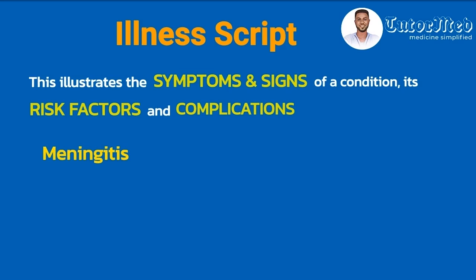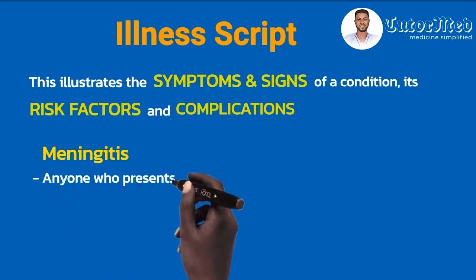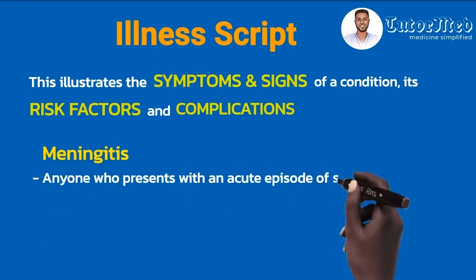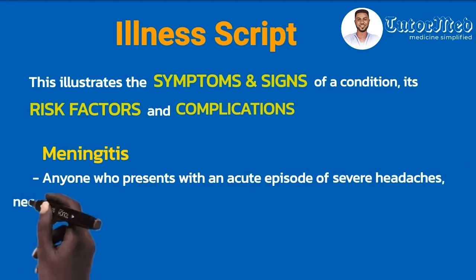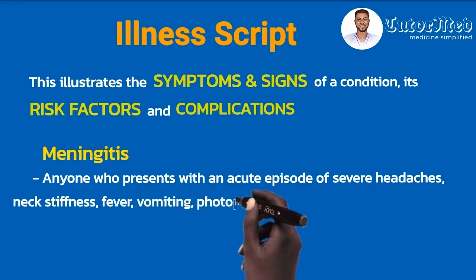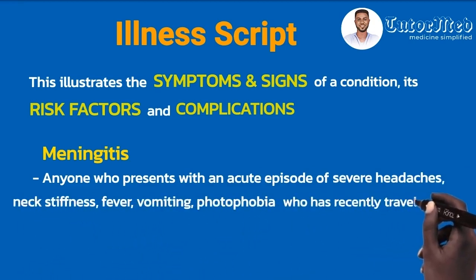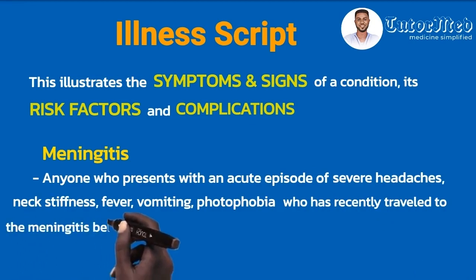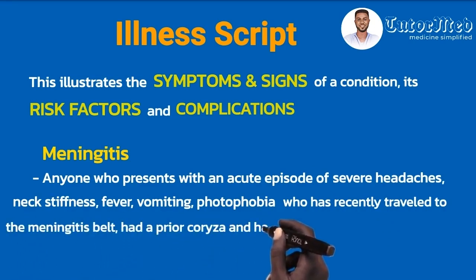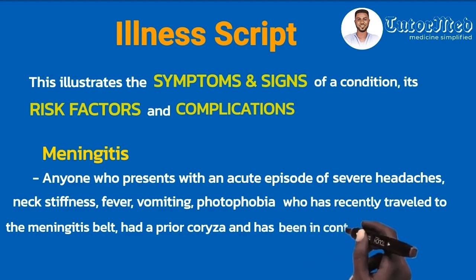And so a typical meningitis illness script will be like this. Anyone who presents with an acute episode of severe headaches, neck stiffness, fever and vomiting, sometimes irritability, photophobia, and who has recently traveled to the meningitis belt, which in the case of Ghana is in the northern part of the country, and who had prior upper respiratory tract symptoms.